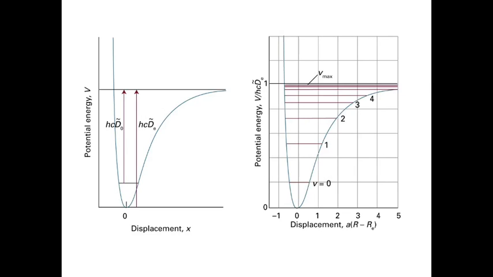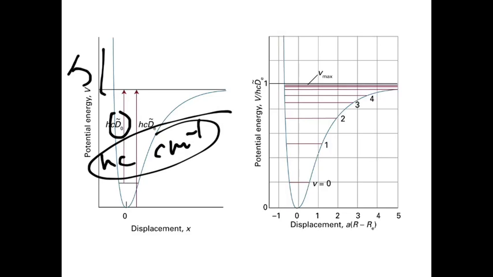Now this little tilde on top means we want to put this into wave numbers, or inverse centimeters. You go back and forth between inverse centimeters and joules by multiplying and dividing by hc. If we want energy in joules, we take hc times our inverse centimeters, and we get joules out.